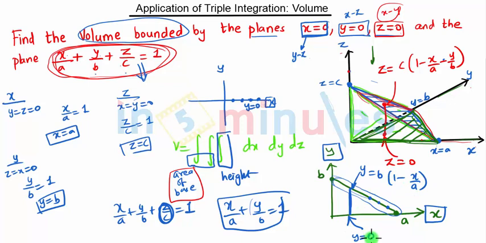So these are the lower limit and upper limit of this strip. We have to cover this entire area, so we will move this strip from this point till here. What is this point? This point will have x equal to 0. Here x is a. So these are the limits of area of base, and these are the limits for height. Now we can find the volume bounded by these planes.